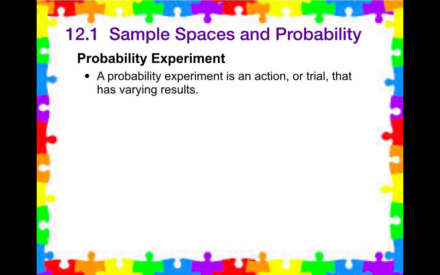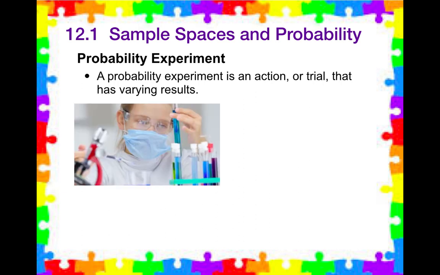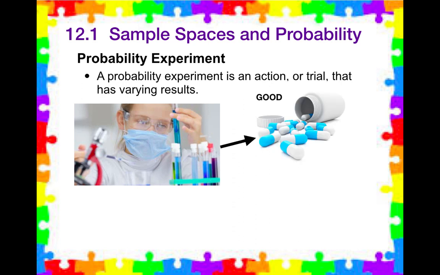A probability experiment. Anytime you do some kind of action or trial, we can get varying results on how it will turn out. Let's say that you're doing work for a drug company and you're testing out different drugs. It could turn out that you have a good result. You come out with a drug that actually helps people.